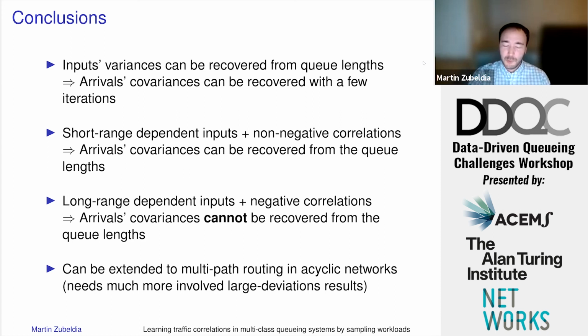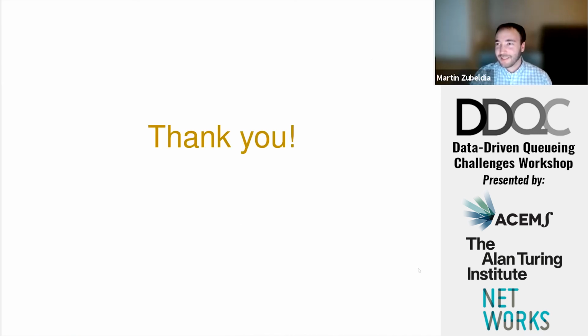It would take more work to figure out how to get the routing matrices in this case, because it's not exactly the same, but it can be easily extended to this case. So that's it. Thanks.